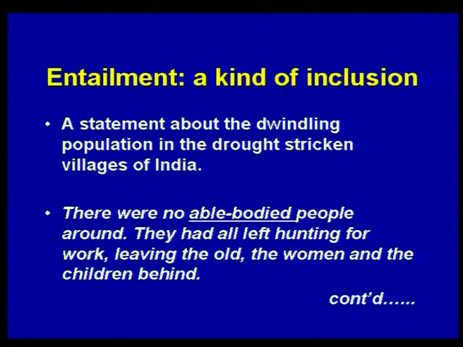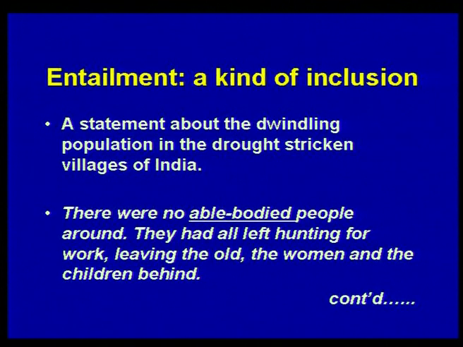Look at this. This is a statement about the dwindling population in the drought-stricken villages of India. It says, "There were no able-bodied people around. They had all left hunting for work, leaving the old, the women and the children behind." A very interesting sentence, because when we say there were no able-bodied people, it should entail men and women and old men who have not really become weak.